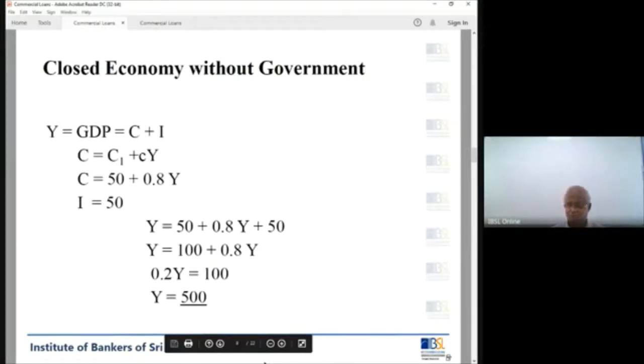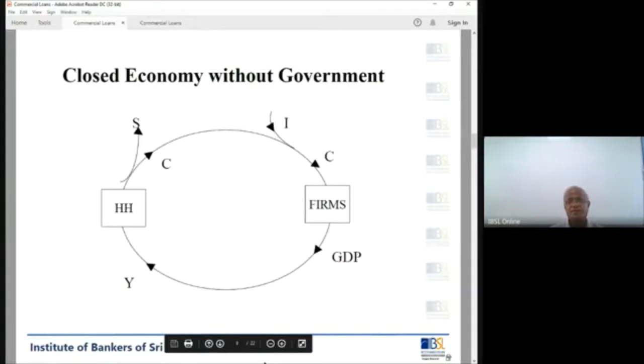GDP equals C plus I. This model is equal to GDP equals C plus I. Total output in the economy, GDP, C plus I, that equals Y also. At equilibrium, demand equals supply. Right? GDP equals C plus I.